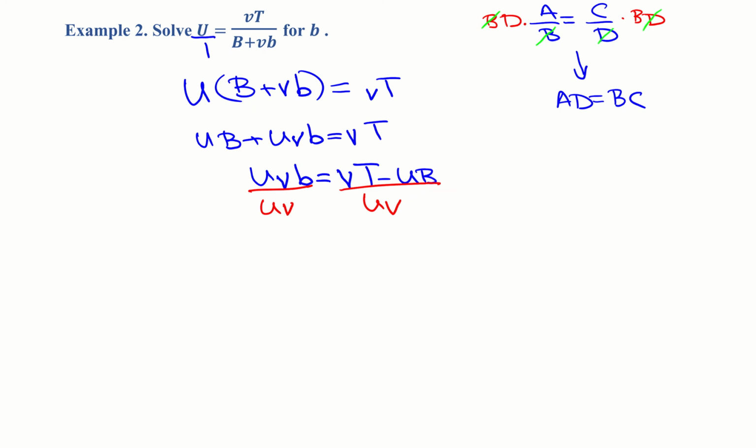And now, of course, u cancels u, v cancels v. So you end up with lower b equals vt minus u times upper b divided by uv. Notice no lowercase b on this side. We should be in pretty good shape. And that should do it for that problem.